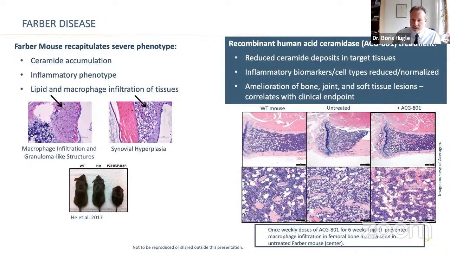You can see that also on the magnification below. And then if you actually treat them with a ceramidase, then the bone marrow returns to normal. So that is quite encouraging. And so enzyme replacement therapy seems to be the way to go for these patients.